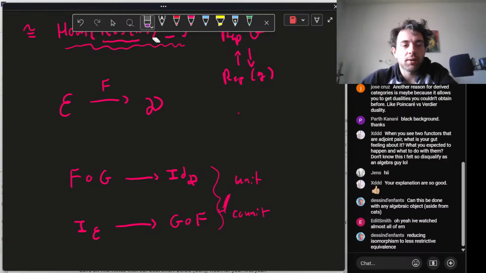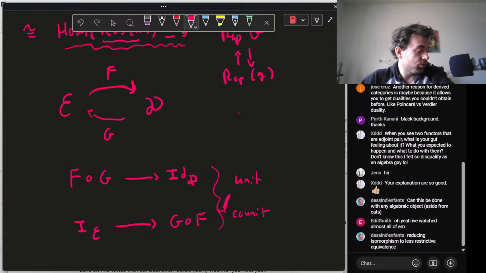So say we have two categories, then we can have F, we have G, and then those categories are equivalences if we have isomorphisms here and here.